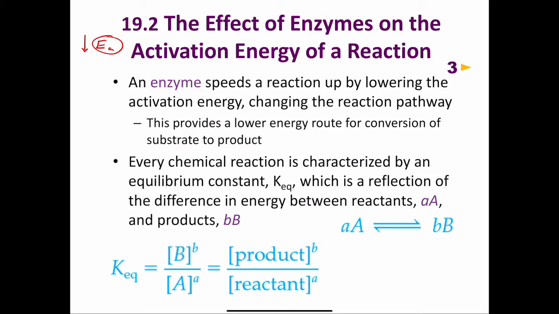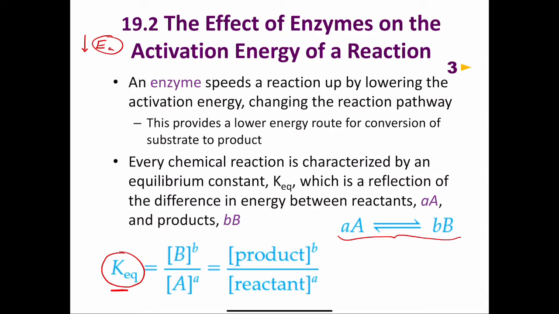Now recall that every chemical reaction is characterized by an equilibrium constant, K equilibrium. So if I have a simple reaction like the one that's shown over here, the equilibrium constant for this reaction is defined as the concentration of B to the power of the stoichiometric coefficient divided by the concentration of A to the power of its stoichiometric coefficient. So the equilibrium constant is actually a reflection of the difference in energy between the reactants and products.